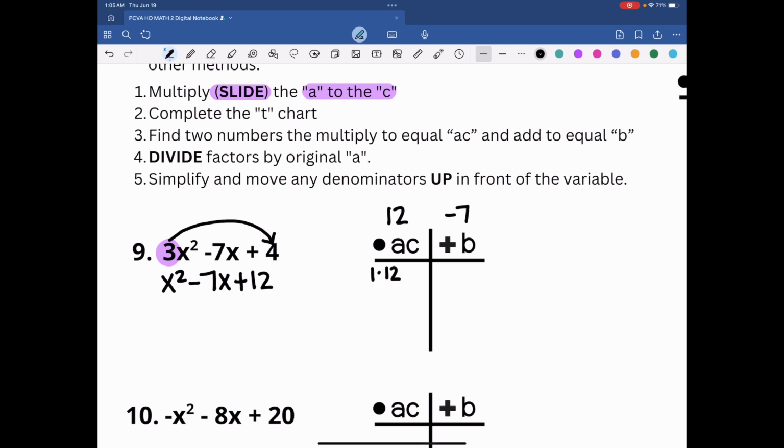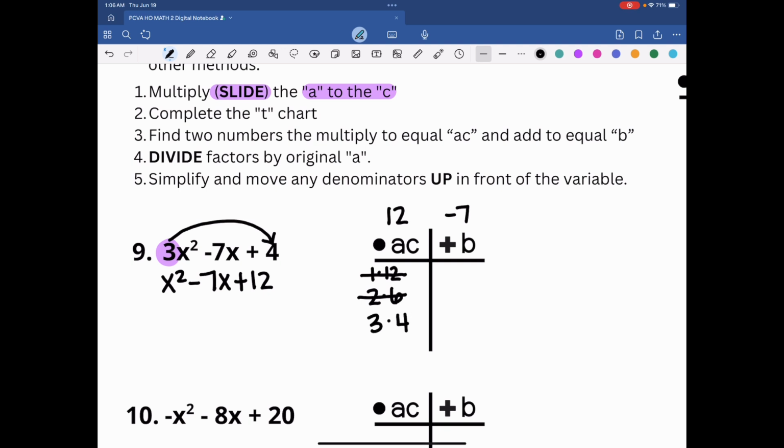Right now I just focus on the positives, and then I think about, okay, can I make one of them negative or both of them negative to make it work? So 1 and 12, there's no way to manipulate 1 and 12 to add to get negative 7. So that's out. Then the next one would be 2 and 6. Again, there's no way to manipulate 2 and 6 and add it somehow, whichever one be negative, and get that. So that's out. So the last combination is a 3 and a 4.